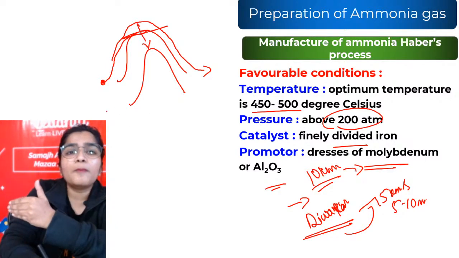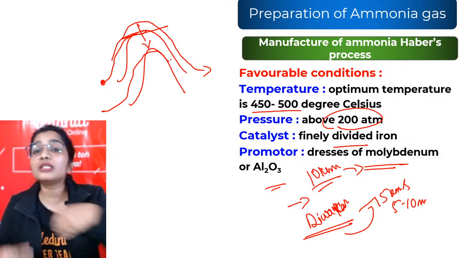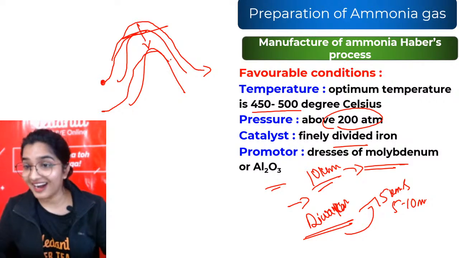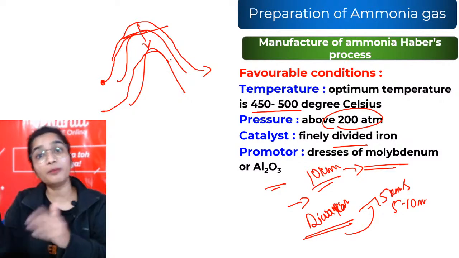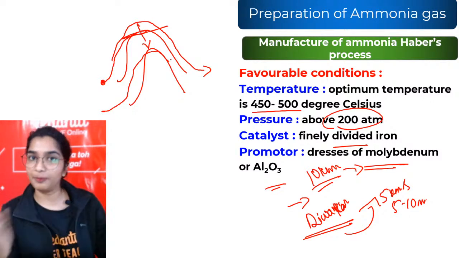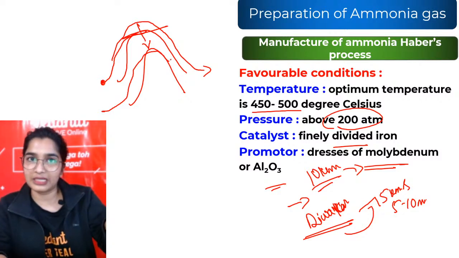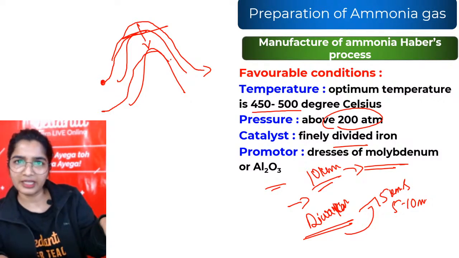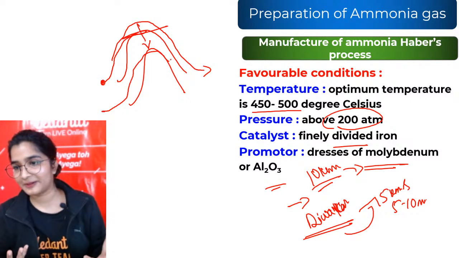So obviously most of the reactants will be converted into products, right? So it increases the rate of reactions, not only forward but both forward and backward. And the promoter ensures that the catalyst is working fine, so it increases the efficiency of the catalyst.